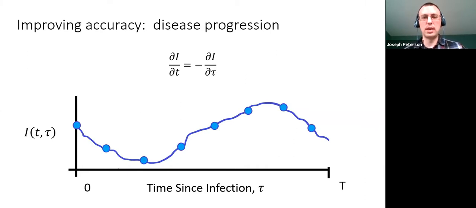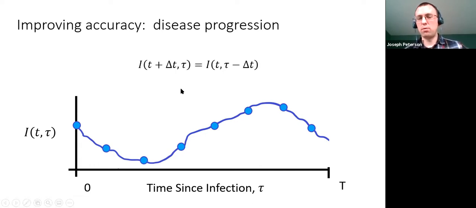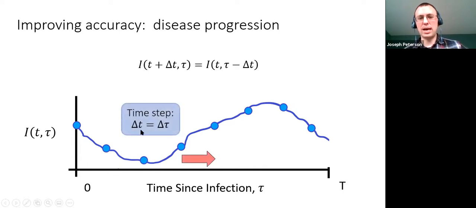Well, the first thing is that this advection equation is simple enough to be integrated to a form that looks like this. And this basically just says that the shape of the curve is preserved over time, and it's just marched forward in tau as time passes. And if we make our time step equal to delta tau, then we can exactly preserve this property.